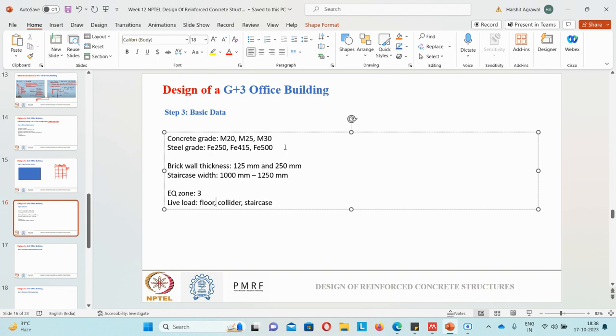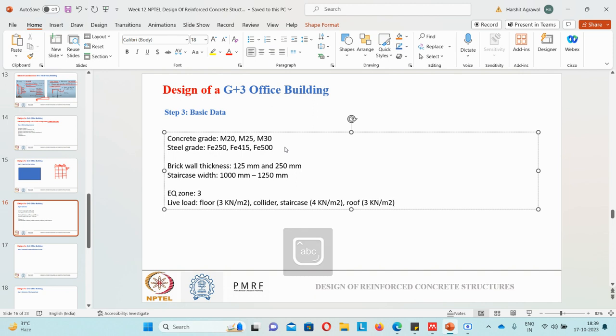Suppose on floor my live load is 3 kilonewton per meter square, and on corridors and staircase it is 4 kilonewton per meter square. For the exact value you can always use IS 875 to get which load we need to consider while designing. And there can be roof. On roof we again say suppose it is 3 kilonewton per meter square.